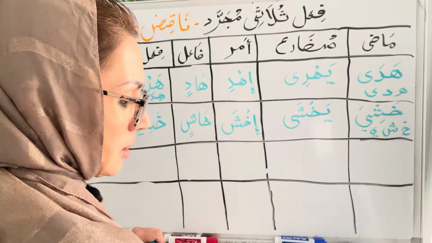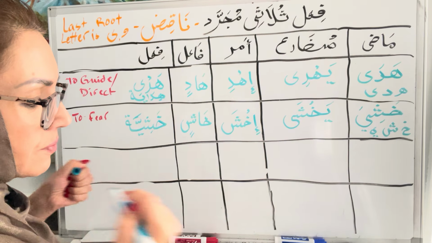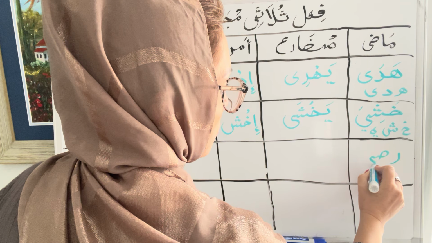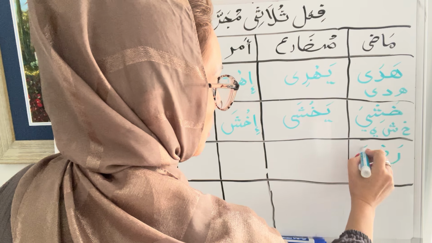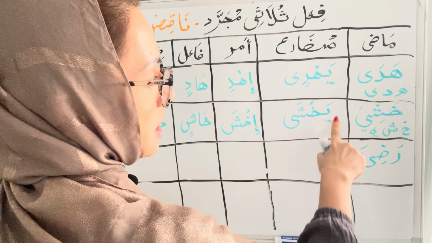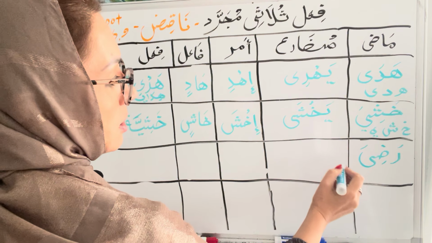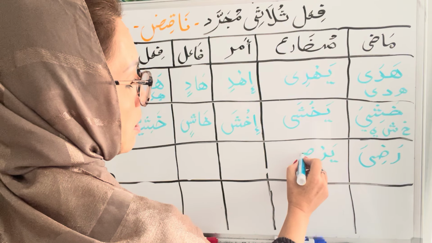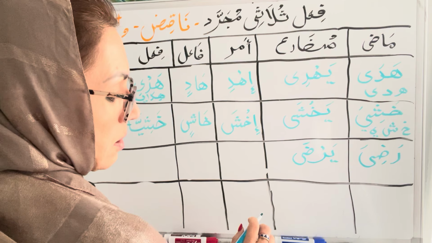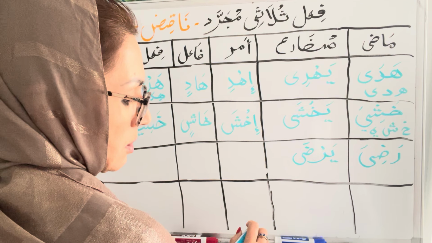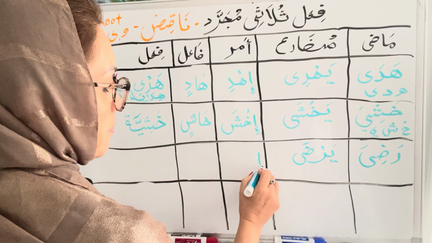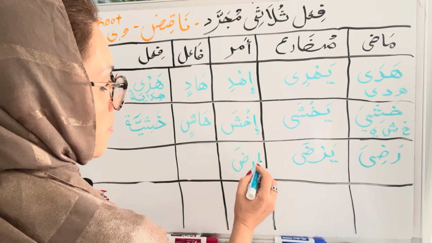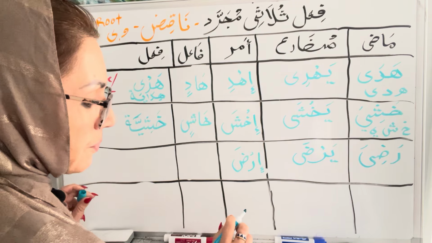Okay. Next word is radiya. Radiya, same pattern. Khashiya, radiya. Radiya, yarda. Yarda, irda. Irda.